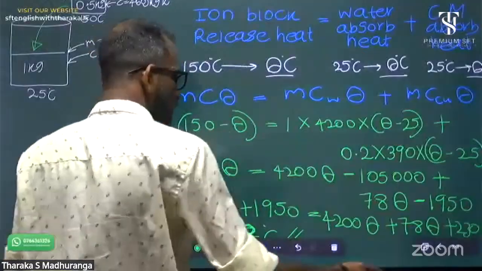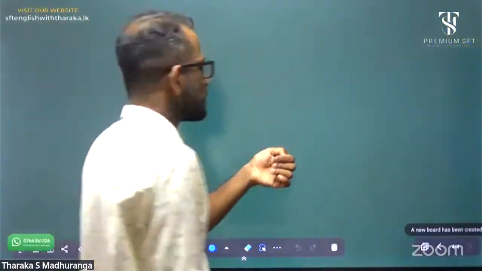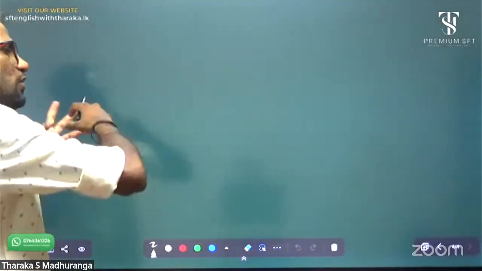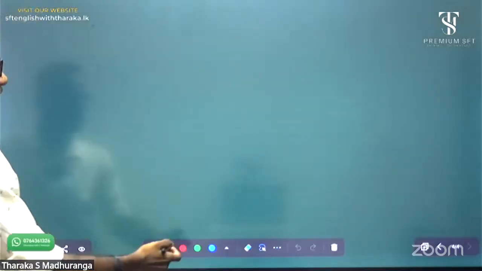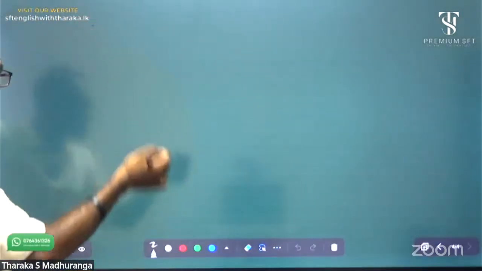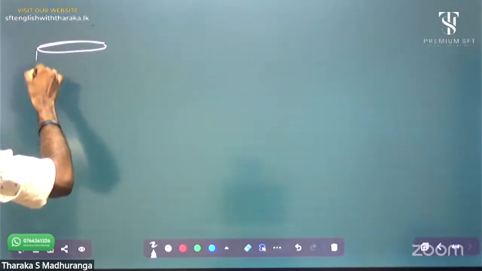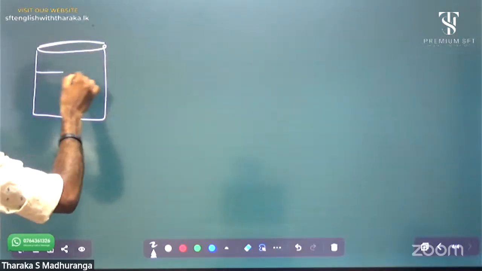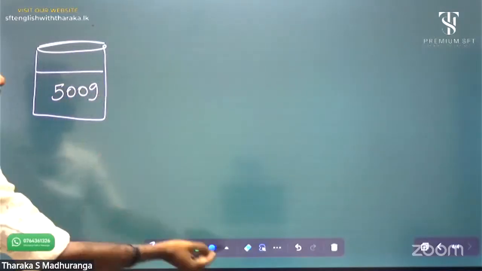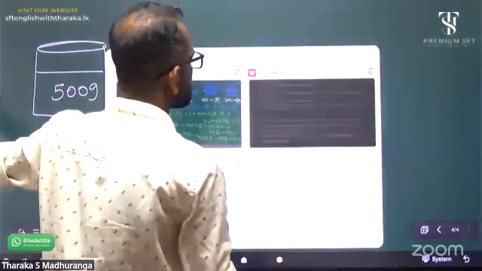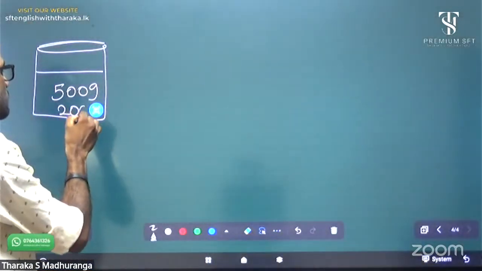Now, these are exam type questions. Exams don't ask this type of long calculation, they ask very simple points with the specific latent heat. This is 500 gram of water at 20 Celsius.